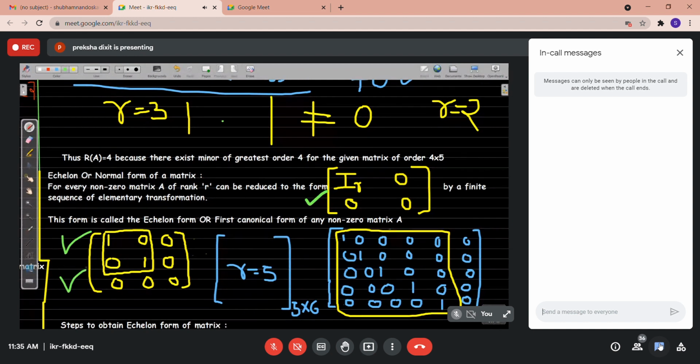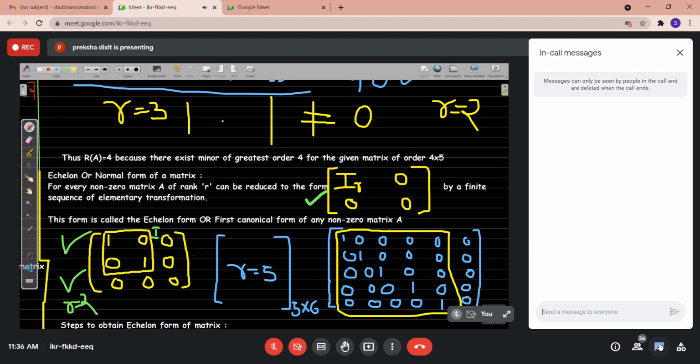See here. If it is going to have rank 2, then its echelon form will be like this. You can see the first two rows and columns are the identity matrix of order 2, isn't it? And the rest of the values in the matrix are 0, isn't it?